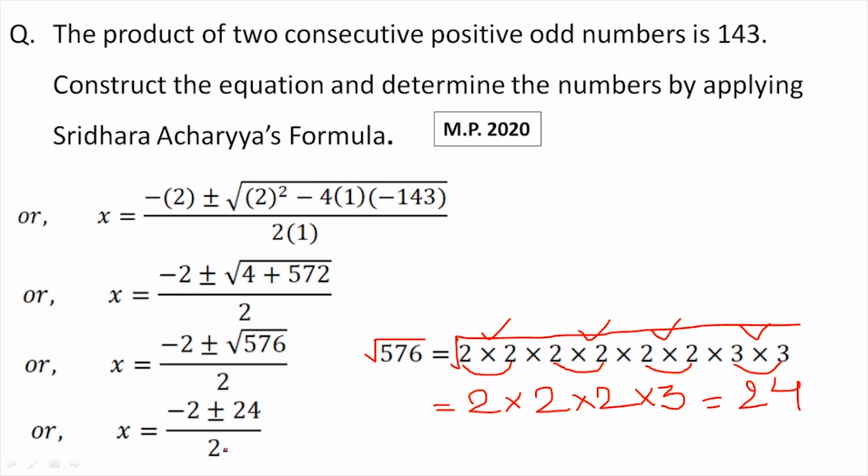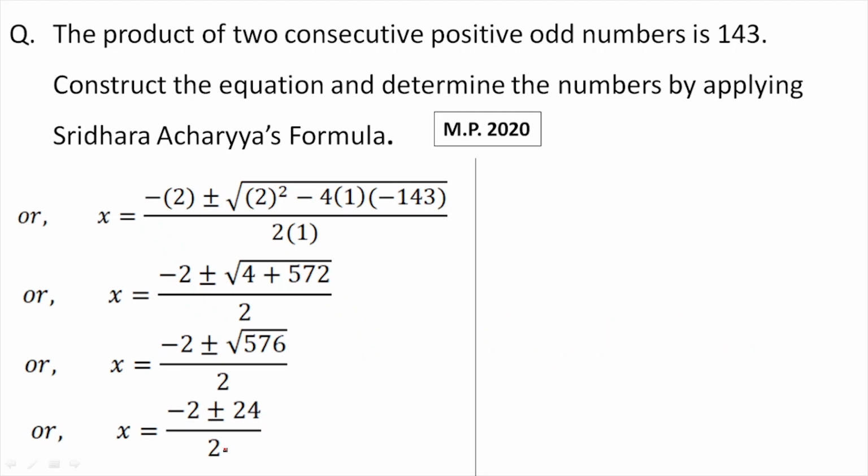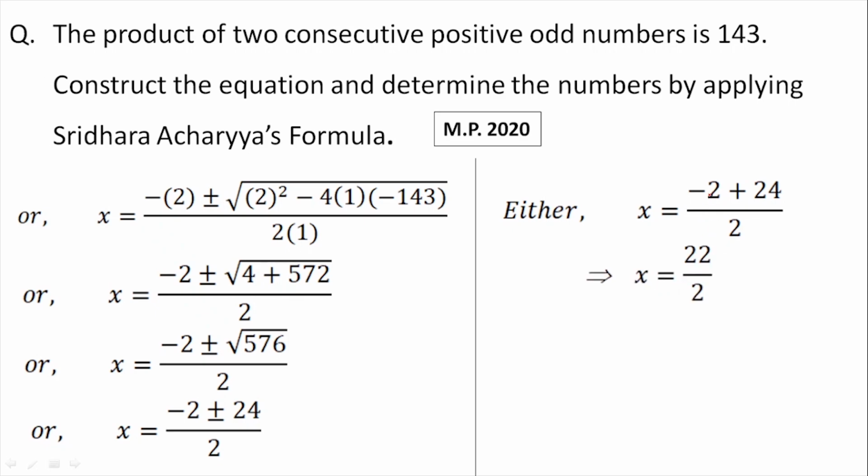So now what we will do is, we'll do either or, because there are two signs, plus and minus, so we will use each of the signs separately. So either minus 2 plus 24 divided by 2, so this will give us x is equal to 22 by 2, so 2 11s are 22, so this will become 11.